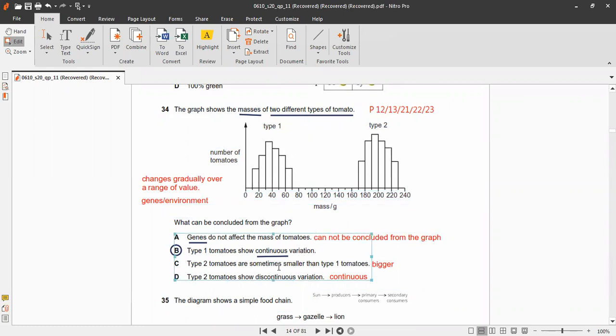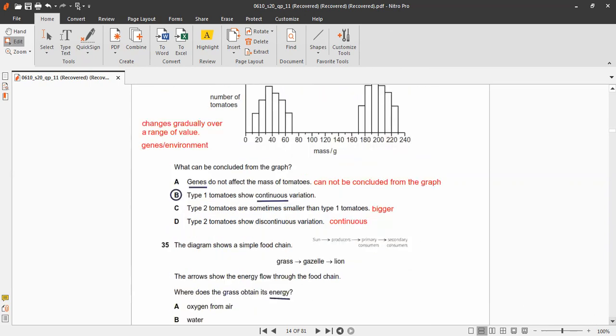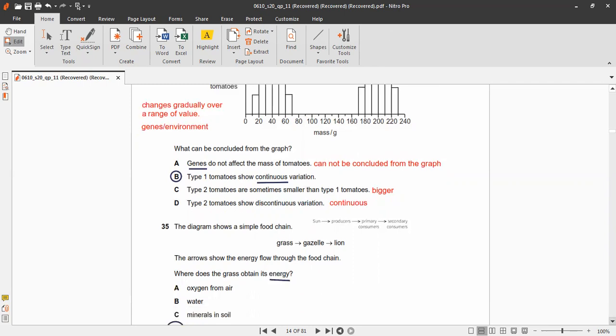Type 2 tomatoes are sometimes smaller than type 1 tomatoes? No, it's bigger. Type 2 tomatoes show discontinuous variation? No, continuous variation also. So the correct answer, B, type 1 tomatoes show continuous variation. So they change gradually over a range of values, caused by genes and the environment.